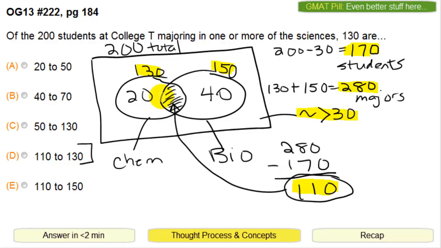So that means 110 has to be one of the limits on the answer choice, and only answer choices D and E have that. Between these two, the upper limit is 130, using your common sense, as the lower of the two, because you can't have 150 double majors. You can only have the lower of the two in terms of number of double majors. So the answer here turns out to be answer choice D.